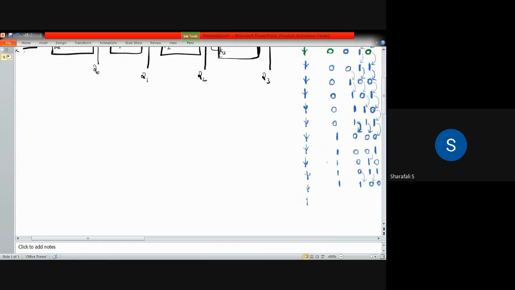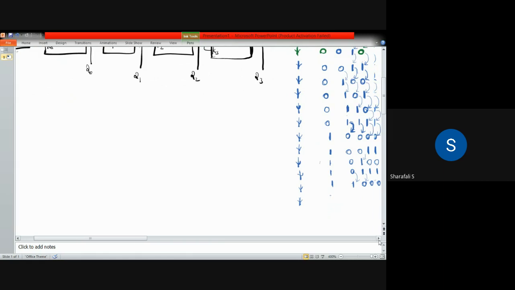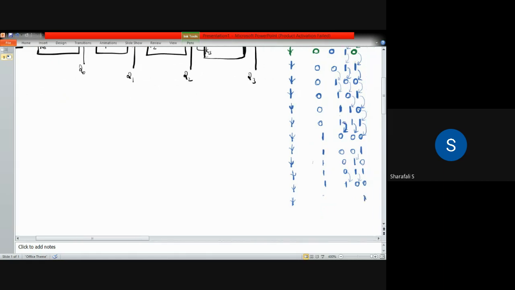Now again, if you consider the next clock pulse, we have a change in Q0. Q0 toggles to 1, and since it is going from 0 to 1, it is not going to change the Q1 value, so all other values will be the same. And again, you have to consider the next clock pulse, and this one will be changing from 1 to 0, so the Q2 value will toggle, and Q3, since it is going from 0 to 1, is a positive edge. So Q2 will be the same, and Q3 also will be retaining the same position.